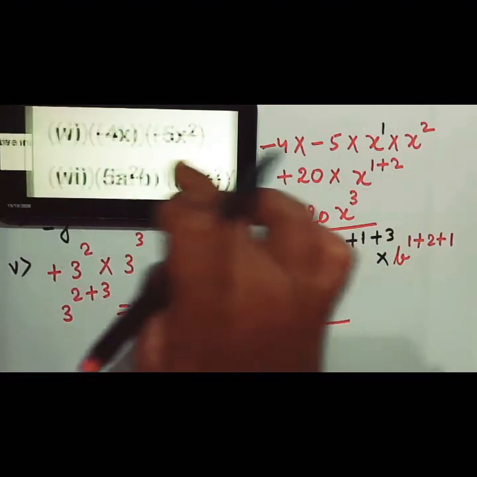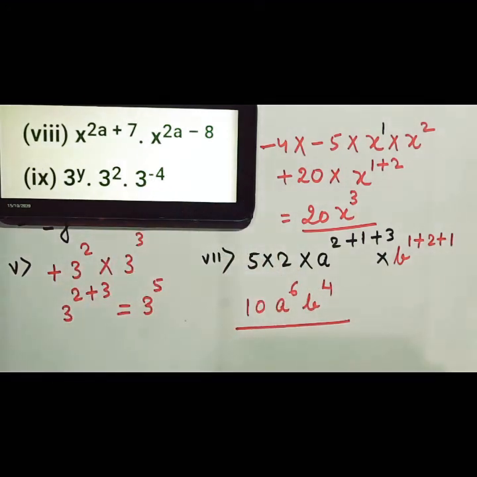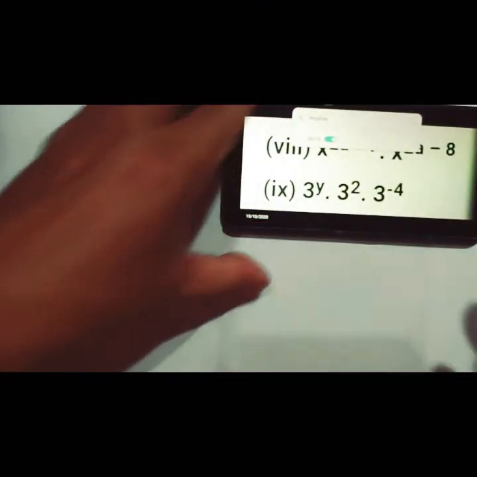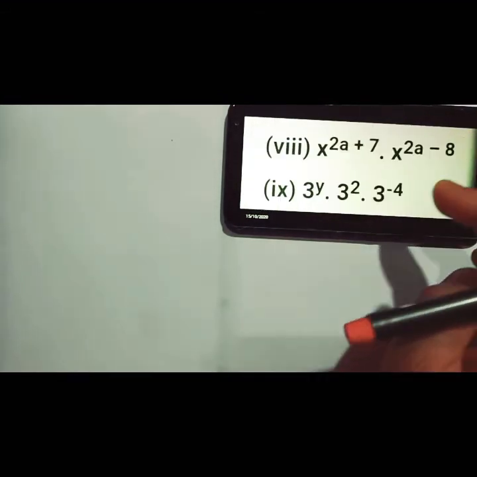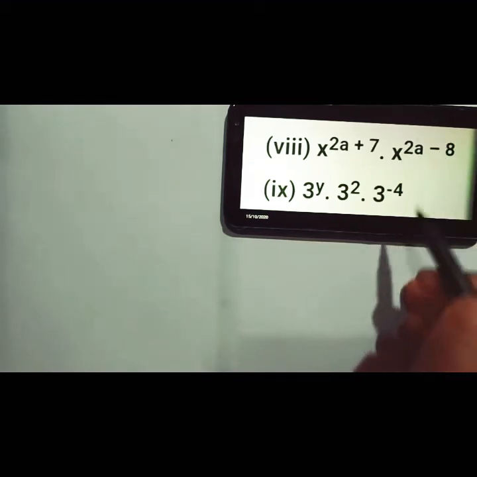Okay. After this we have 8. You can see that it is as simple as the other one. Here what they have done is given the exponent in an expression form.